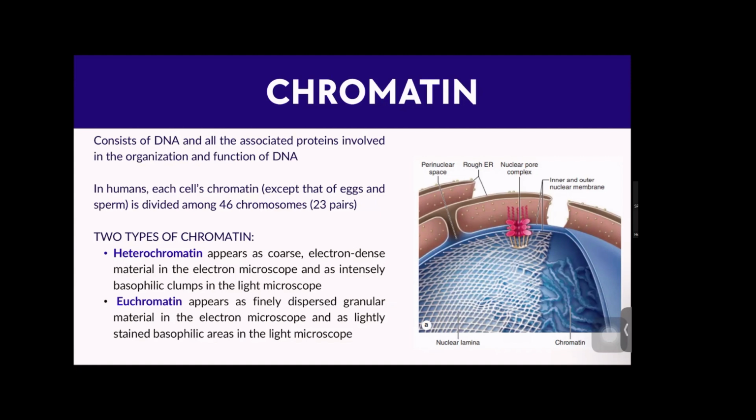These types of chromatin do not only differ in their mechanical properties, they also differ in how they appear in the microscope. Heterochromatin appears as coarse, electron-dense material in the electron microscope and as intensely basophilic clumps in the light microscope. Euchromatin appears as finely dispersed granular material in the electron microscope and as lightly stained basophilic areas in the light microscope.